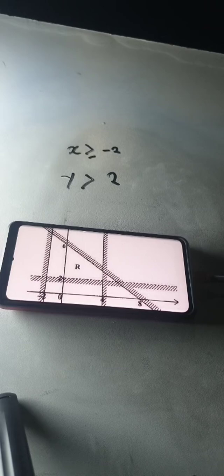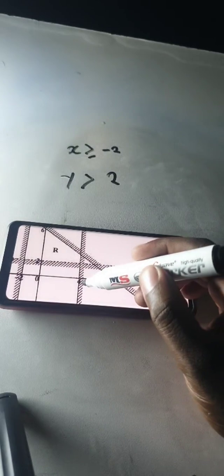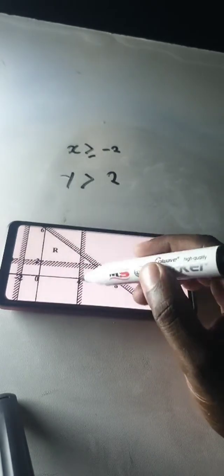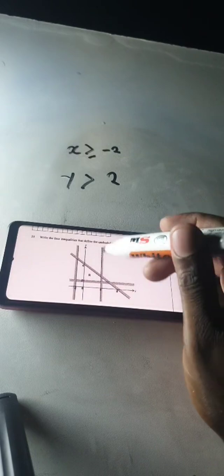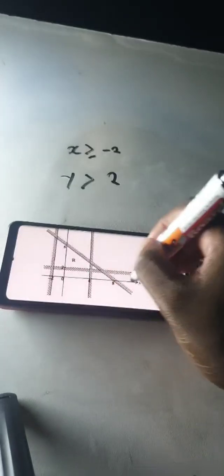Then the other one here is passing at 4. You have seen this line is passing at 4. There's no other axis that it touches. It's passing at 4 in the x-axis.